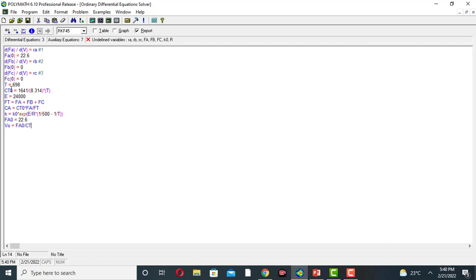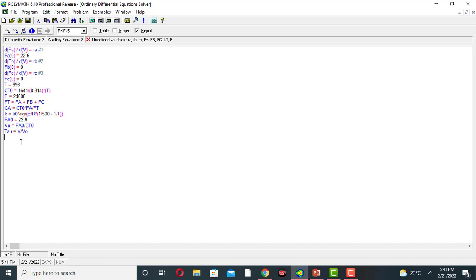Now the space time tau is equal to volume divided by volumetric flow rate. Volume of the reactor V divided by the volumetric flow rate V naught.